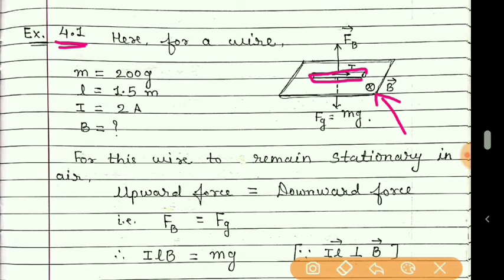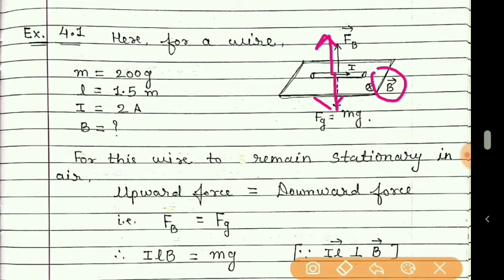So if we want to put this current carrying wire stationary in air, then we know that there must be some other force acting on it in the upward direction, because this wire has a mass, and due to its mass one force will be definitely acting on it towards downward direction, that is due to gravitational force, and the other force is required to balance it, and that is due to magnetic field.